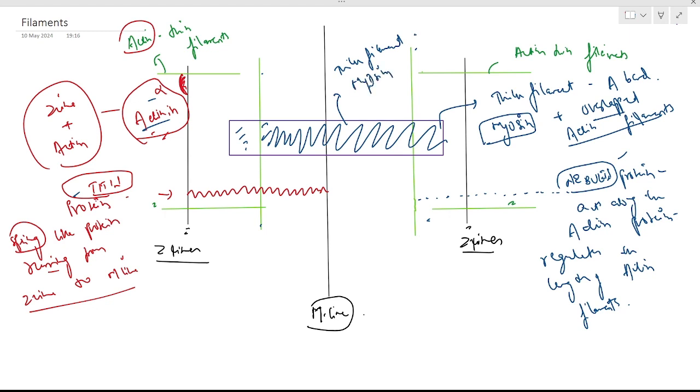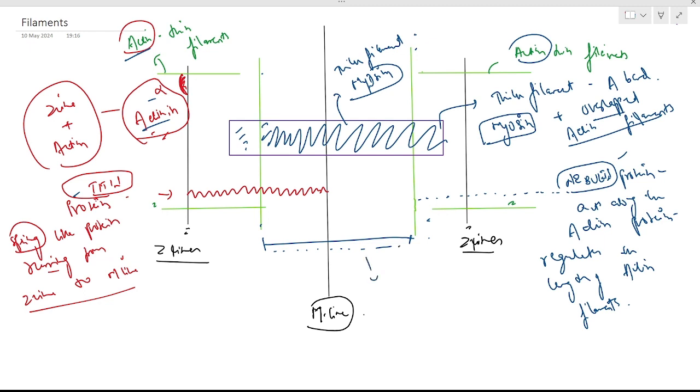So we have discussed before actin and myosin is a complete filament. Now finally we are seeing this region from here to here. This is the unoverlapped region of our thick filament. This is our overlapped region by our actin filament, but this region is unoverlapped.